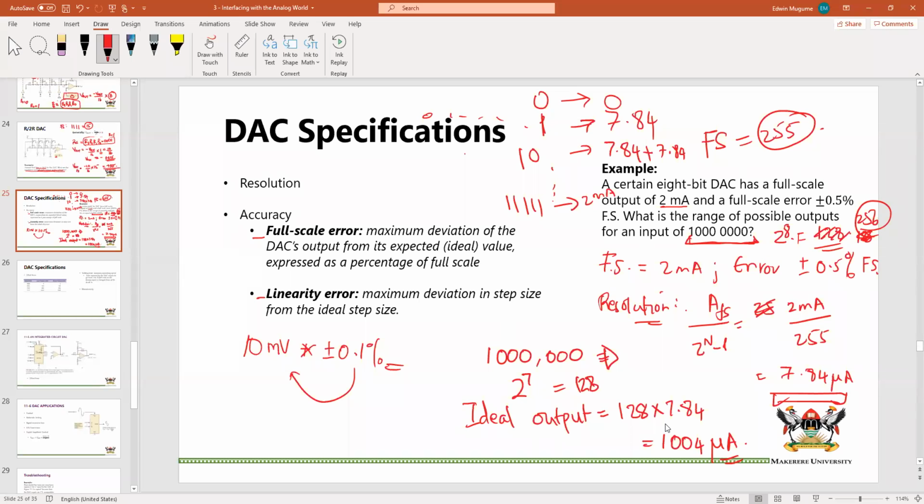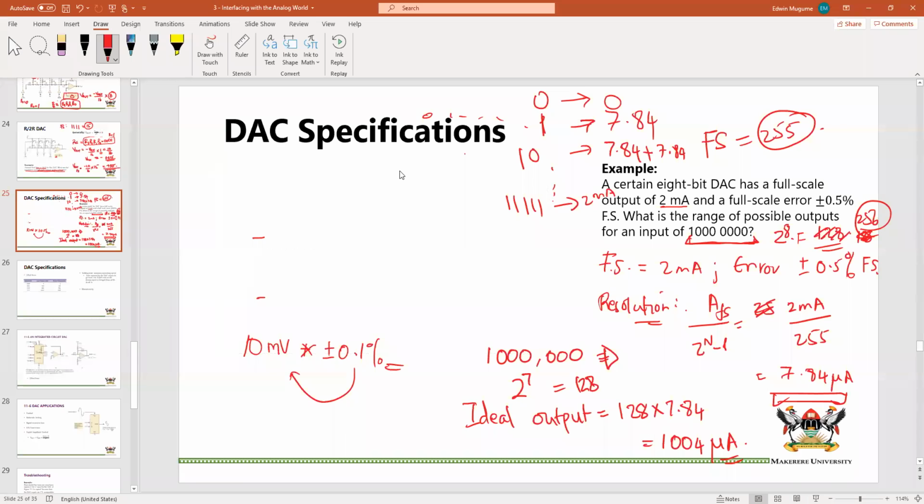Unfortunately, let me remove this so that I can have somewhere to write. The question is saying that there is a plus or minus 0.5 percent of the full scale.